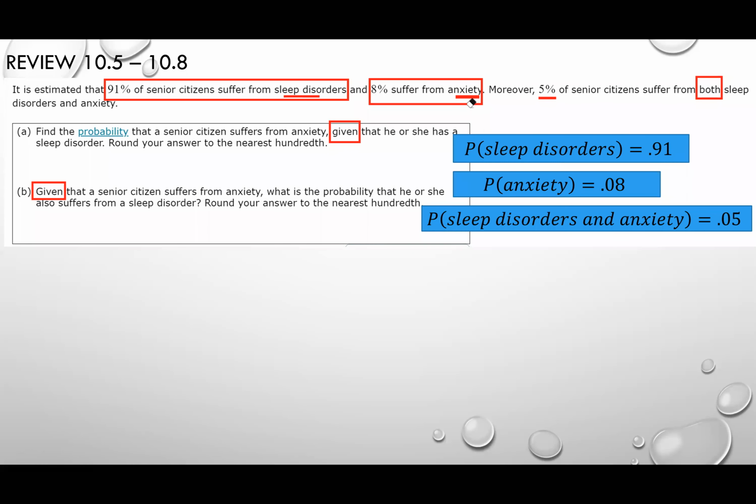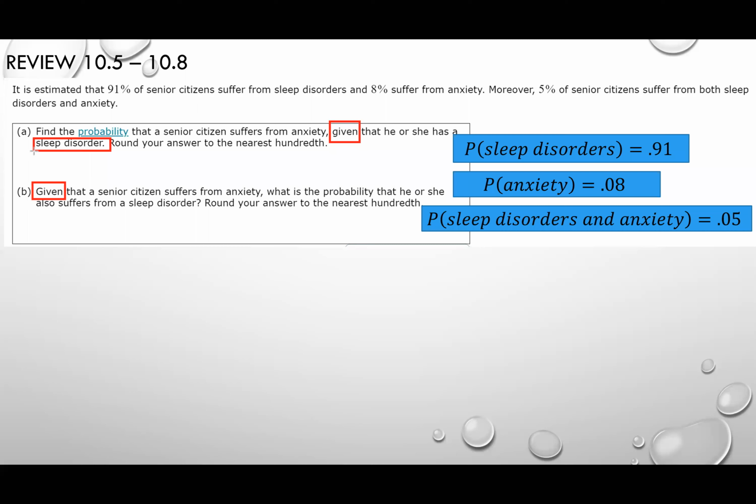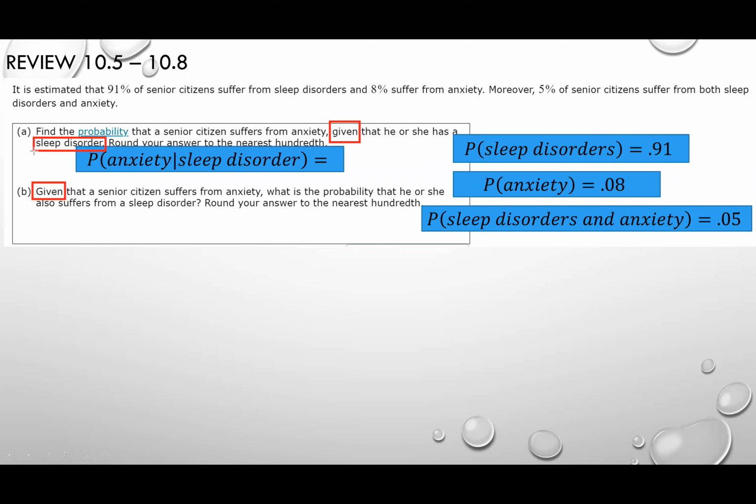To go back to what I mentioned in the previous problem, what is followed by the word given? Do you agree that what follows the word given in this first item is sleep disorder? If you were to write it out, this is the probability of anxiety given sleep disorder. Again, that vertical line is your conditional probability, which means given.